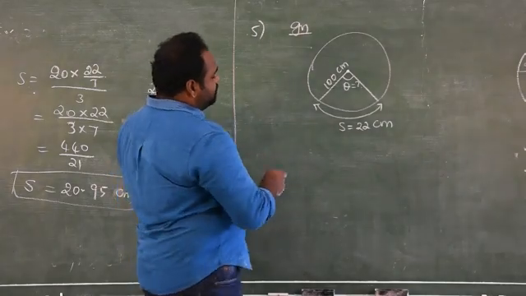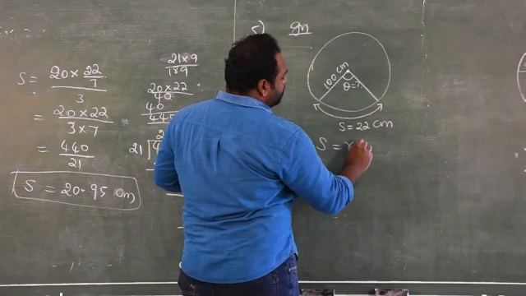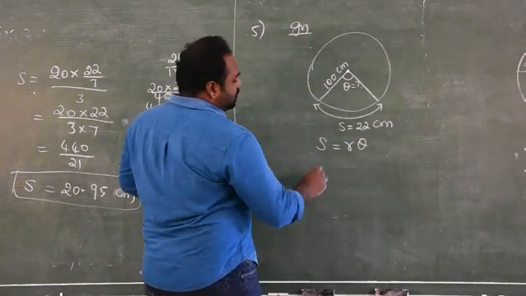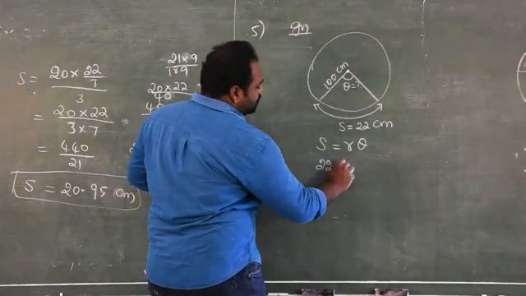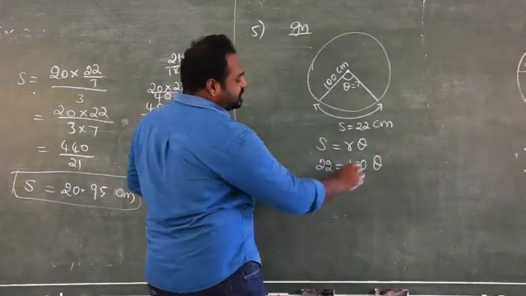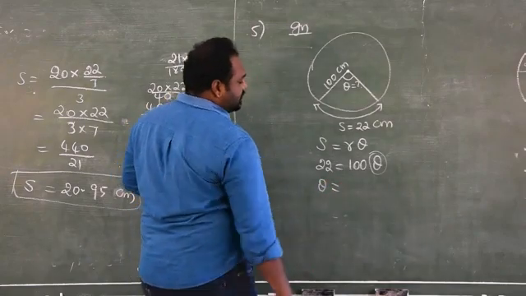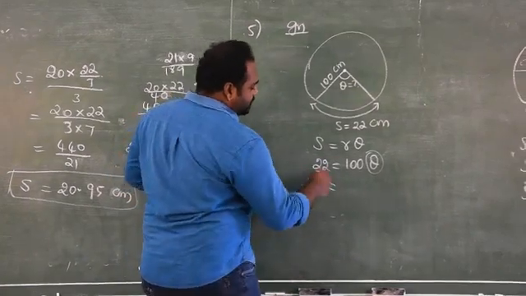So here I am going to use the sector formula S is equal to R theta. S is given, 22 equal to R, which is 100, into theta. So this theta is to be found out. So I keep theta on this side and bring this 100 to this side.